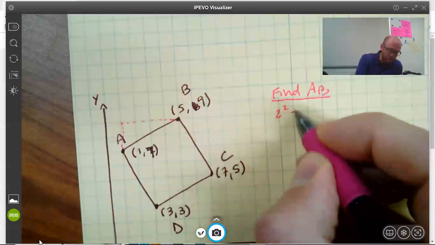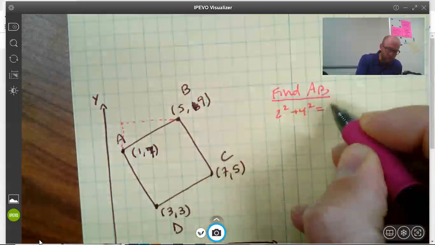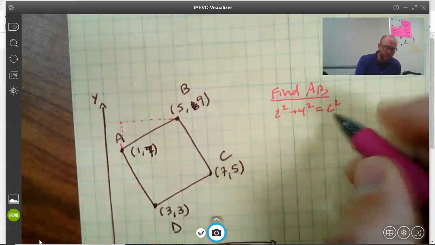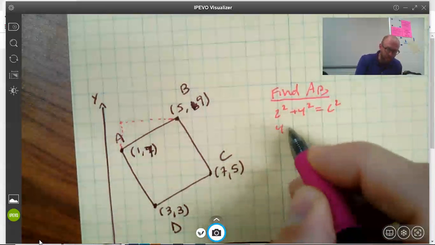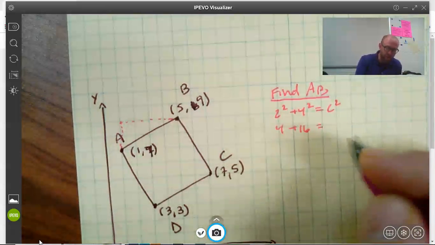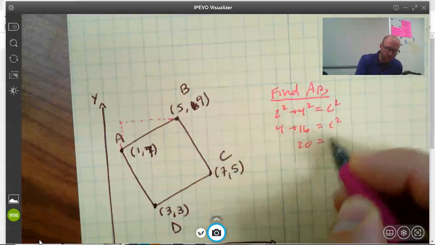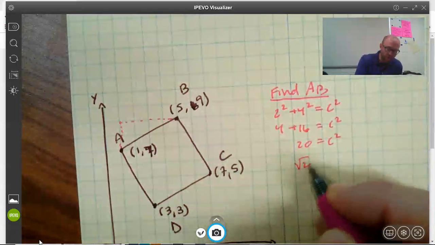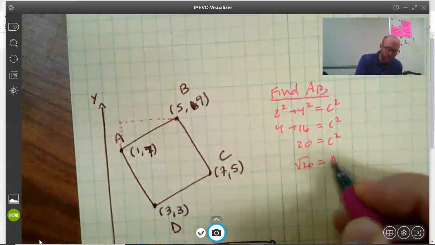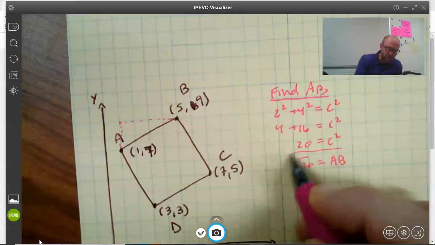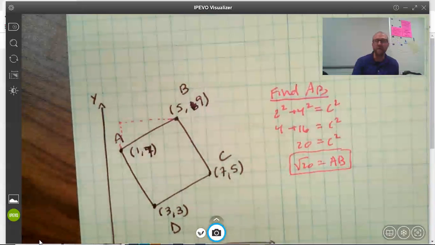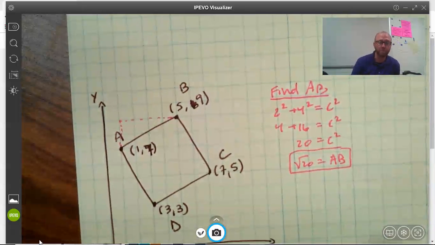So 2 squared plus 4 squared is c squared. Let's see, 4 plus 16 is c squared. 20 equals c squared. Square root of 20 equals, I'm going to write this as AB, because that's what we did find. I suppose I could have written AB squared all along.